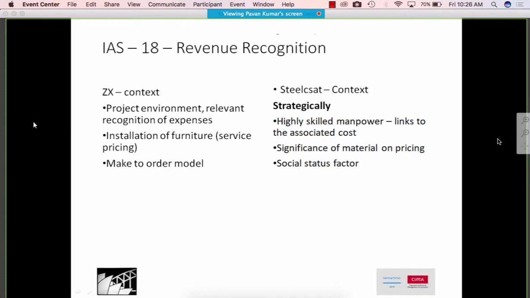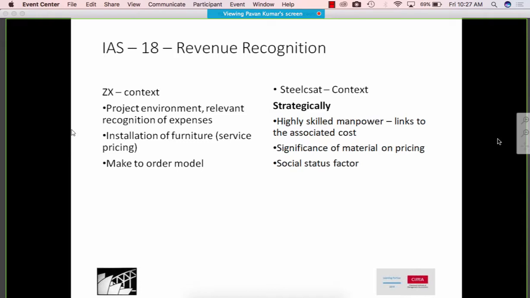Let's now talk about revenue recognition, IS 18. In the MCS ZX context, why we have identified IS 18 is because if you look at it, the entire case study gives us an impression that it is a project-based environment, starting from the scoping till the completion.